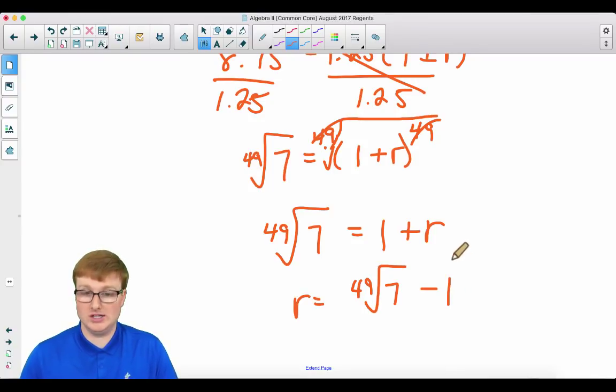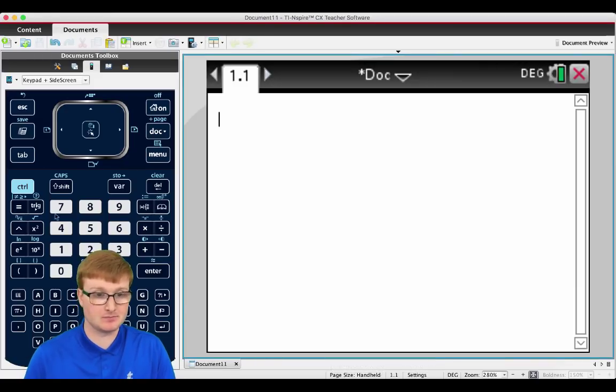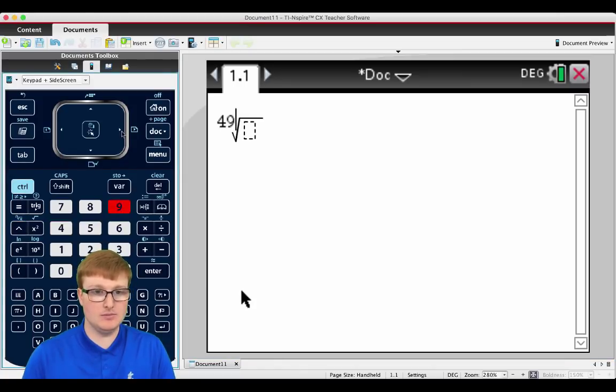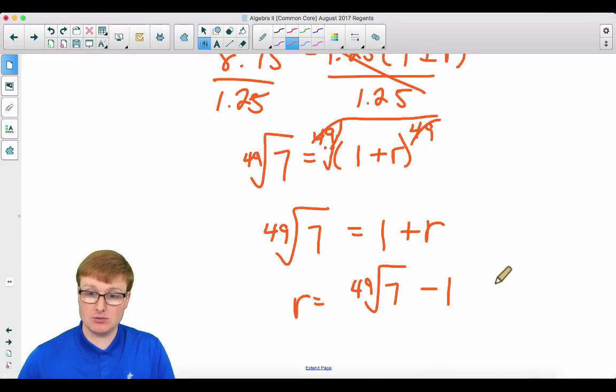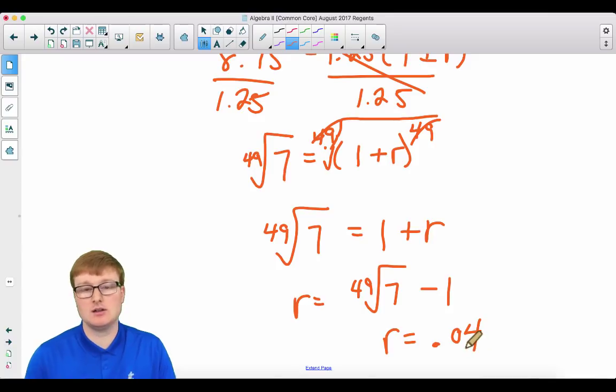What is that going to be? Let's type it in. The 49th root of 7 minus 1 is 0.04. So the rate is 0.04.